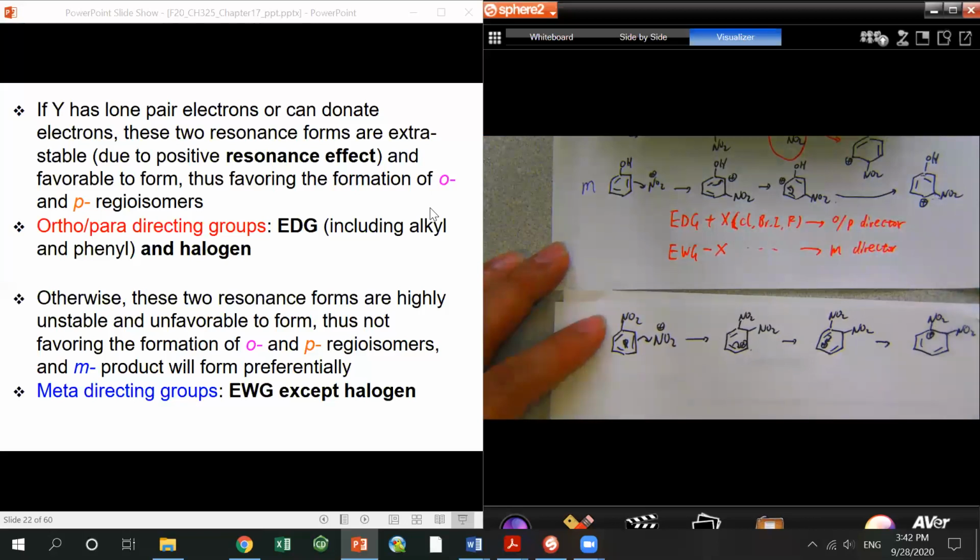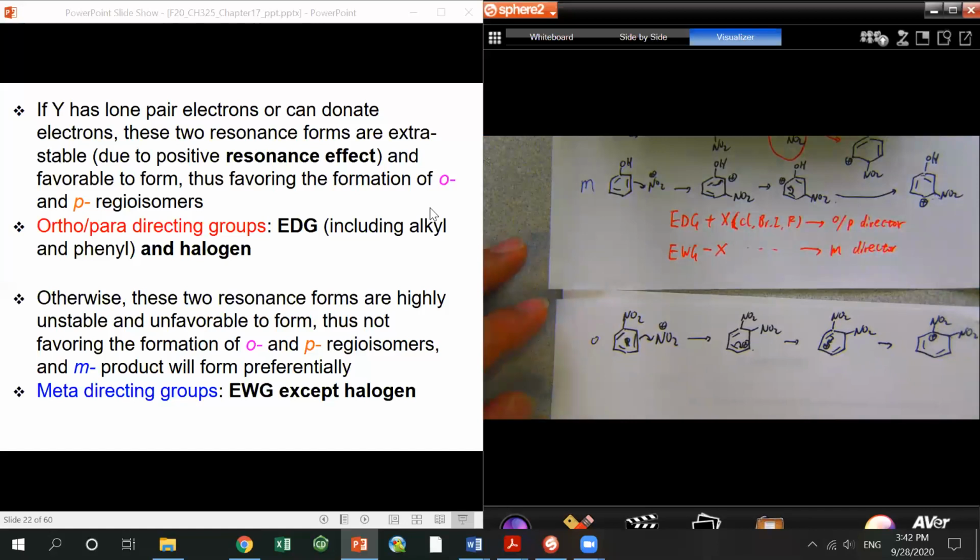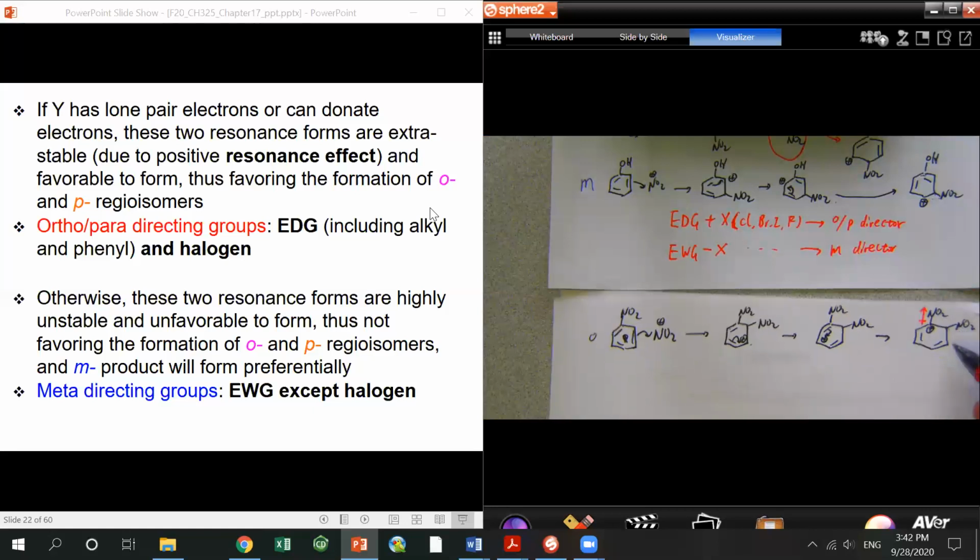This one is extremely unstable, because the nitro group is an electron withdrawing group, as we already know. They pull electrons away from the benzene, but now you put a positive charge on that carbon. That makes it extremely unstable, and so it is not favored.